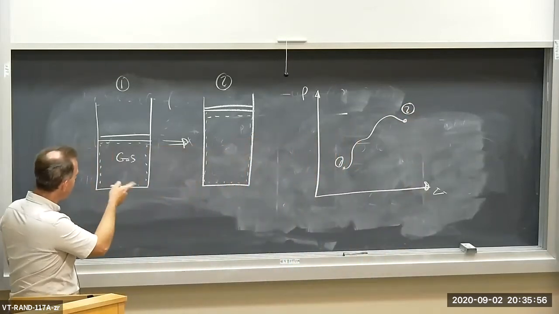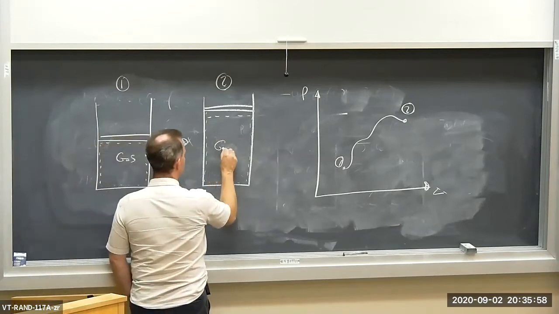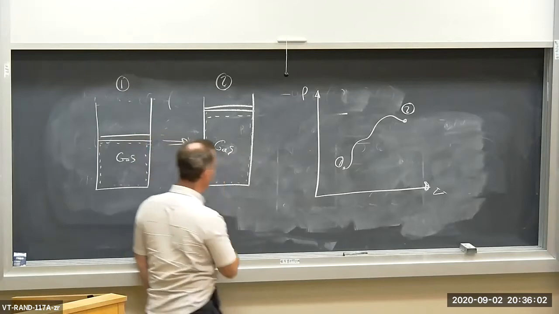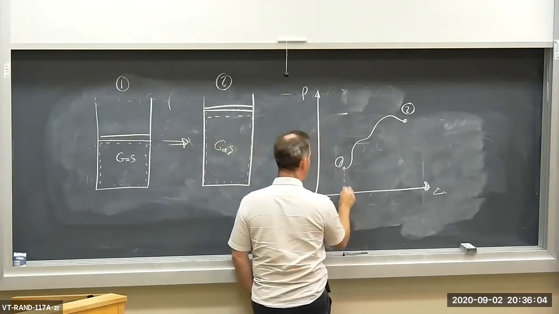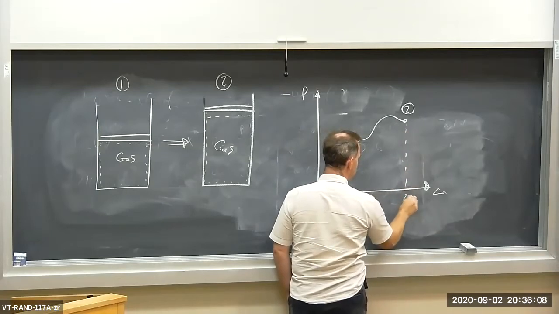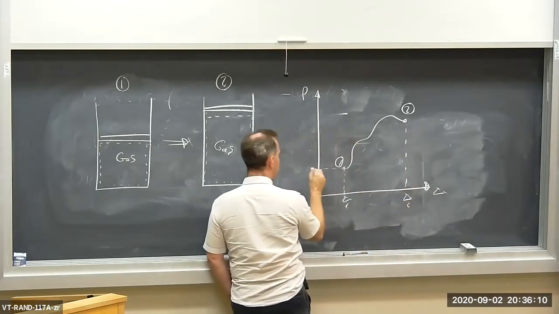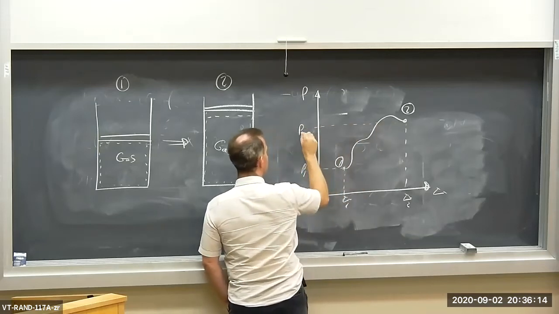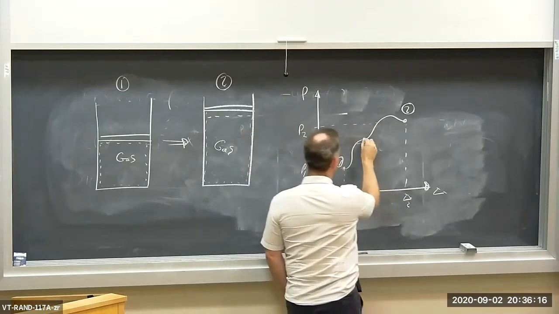These are the end states. State one, state two. We have a volume V1. I have a volume V2. And of course, I have a pressure P1 and I have a pressure P2. Okay. And then I take this path, as you can see here.